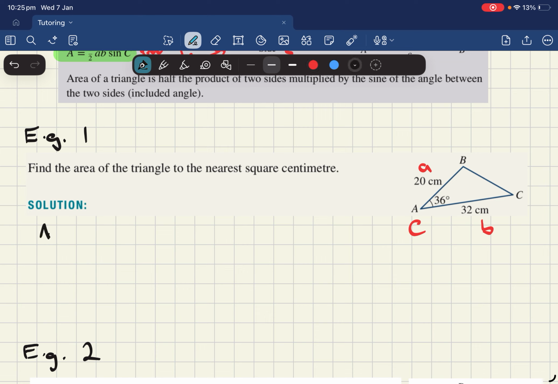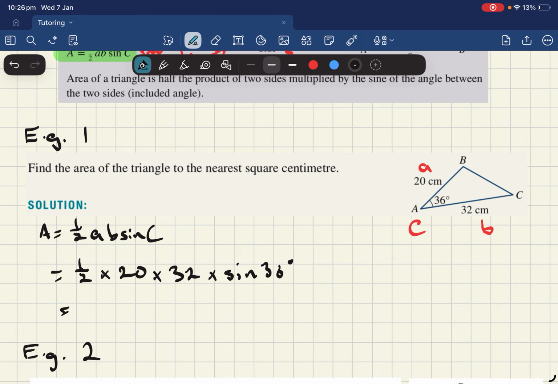So we're going to write it in our formula. Our area equals half times A times B times sine C. And we are just going to substitute these in. So we have half multiplied by 20, multiplied by 32, multiplied by sine of 36.